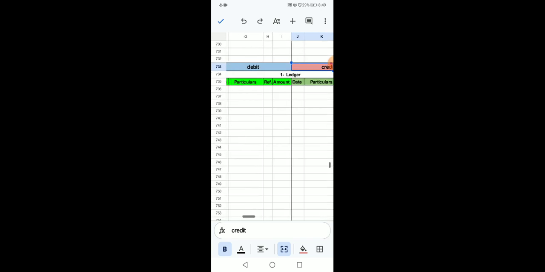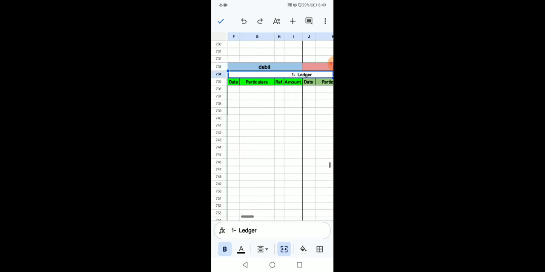If cash is present on the debit side, we will choose to record on the debit side for cash, and when we see cash is credit, we will choose the credit side of the ledger to record. The simple rule is: if something is debit, choose the debit side of the ledger. If something is credit, choose the credit side of the ledger. Debit do debit and credit do credit.